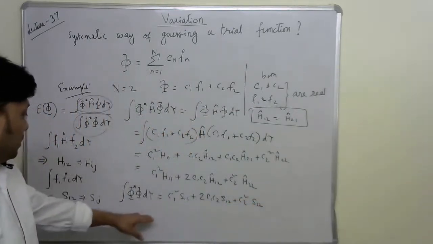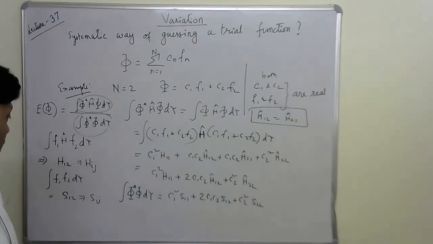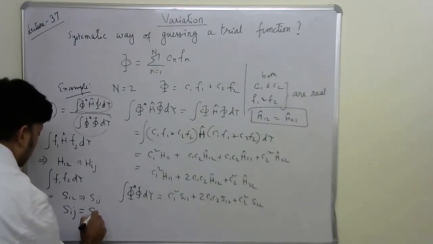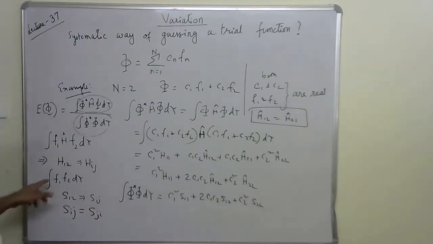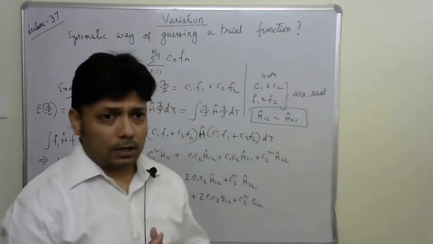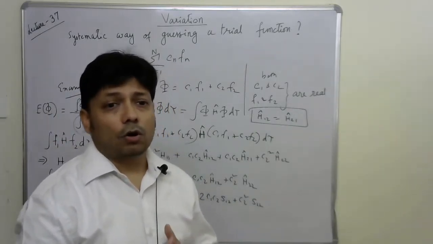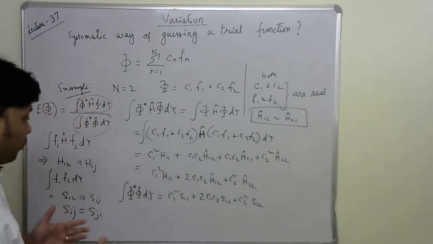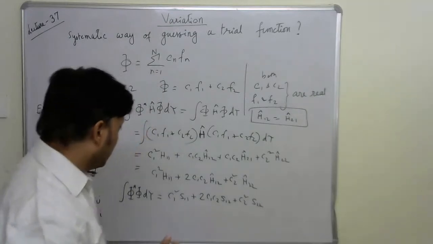Here one more relationship is implied, that Sij is equal to Sji. It doesn't matter in which order we multiply, F1 by F2 or F2 by F1, because they are real, so these are identical.